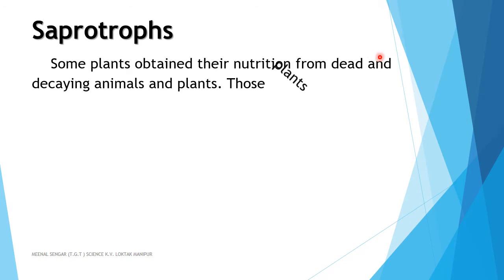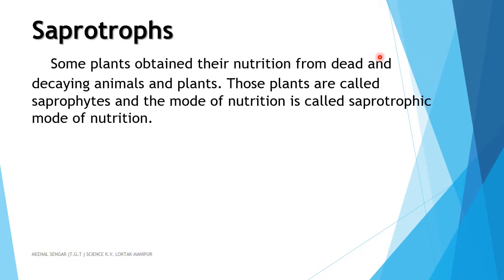Some plants obtain their nutrition from dead and decaying animals and plants. These plants are called saprophytes, and that mode of nutrition is known as saprotrophic mode of nutrition. That means saprotrophs are those plants that consume their food from dead and decaying animals.